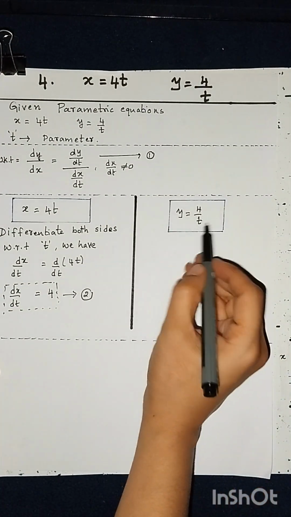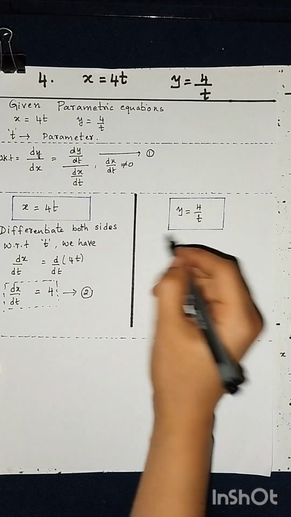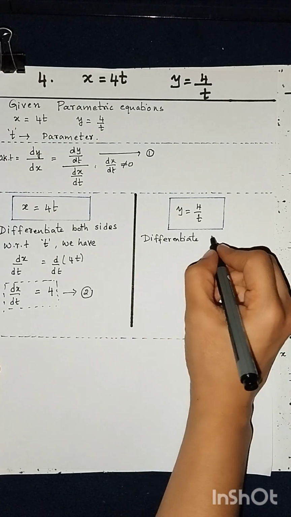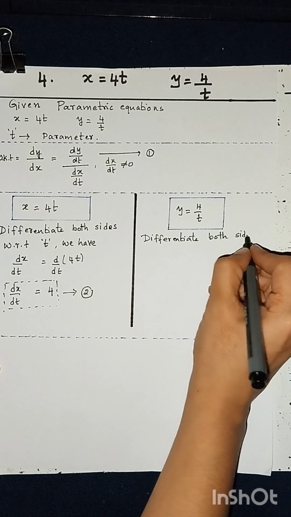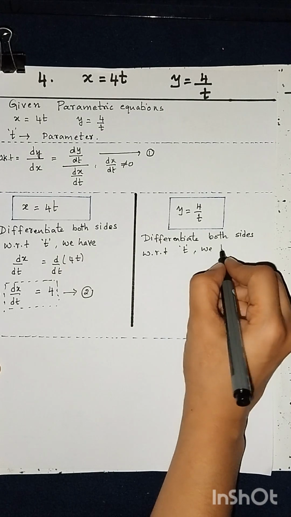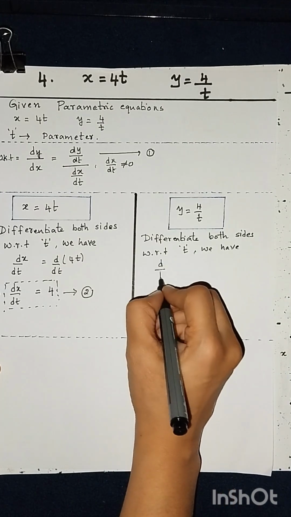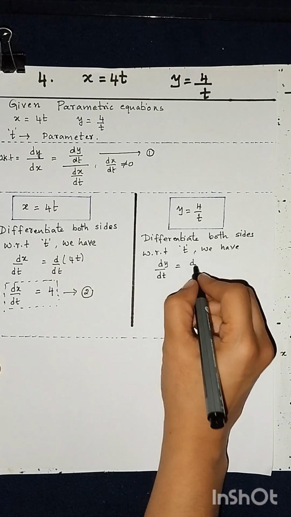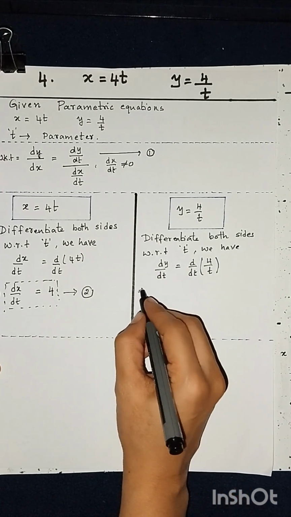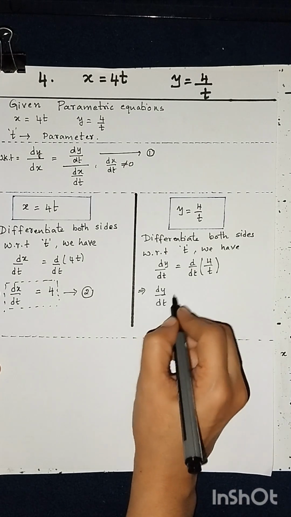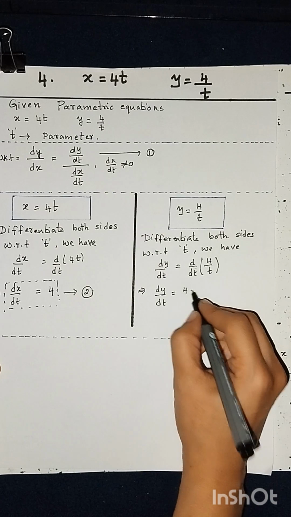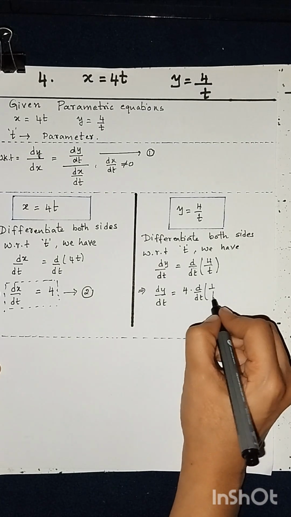Now the next one, y is equal to 4 by t. We want dy by dt, so we will differentiate both sides with respect to t. We have dy by dt is equal to d by dt of 4 by t. This implies dy by dt is equal to, for the derivative of 4 by t, the constant we bring outside and we differentiate 1 by t.